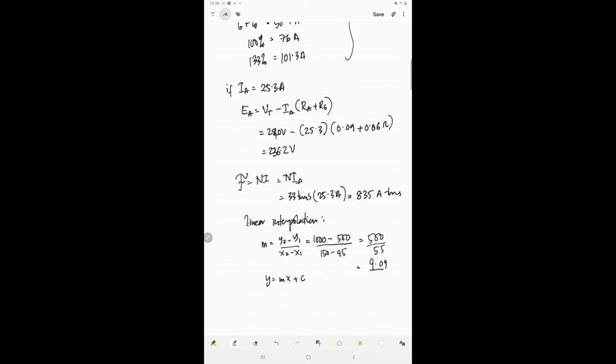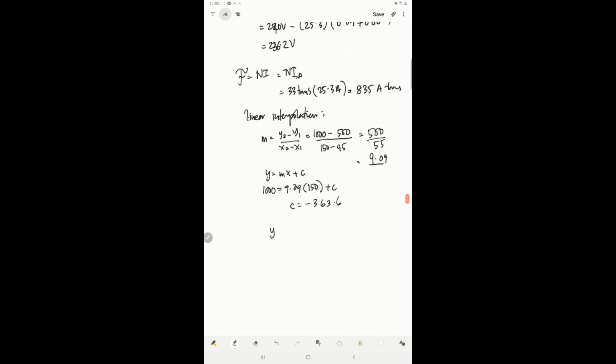Say if I take 1000 and 150, so 1000 equals 9.09 times 150 plus C, and this gives you C as minus 363.6.